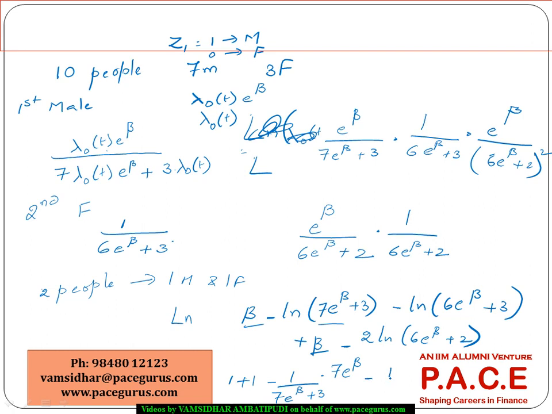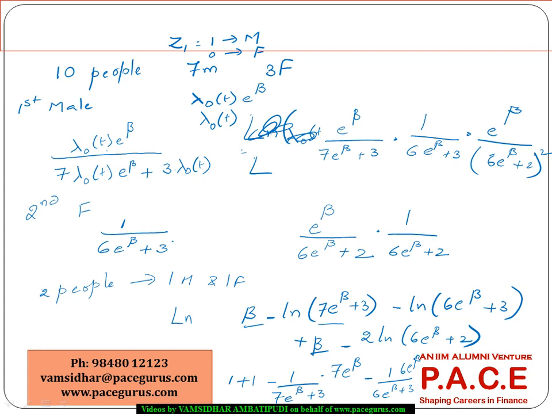Then again I'll take minus 1 by 6 e power beta plus 3, multiplied with 6 e power beta. Like this I will solve the equation, and finally I can find the value of beta.